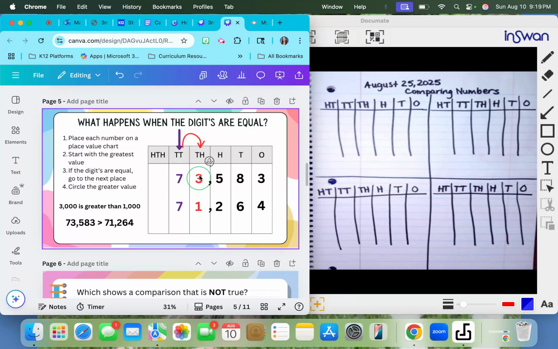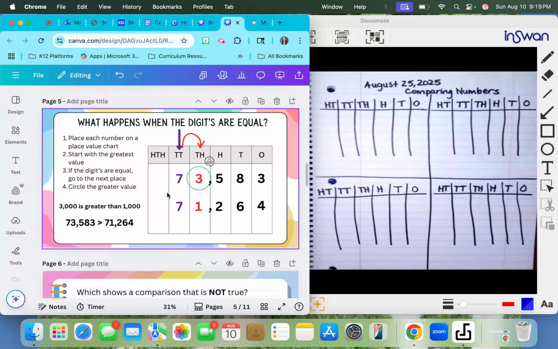Then I compare these values. We have a 3 in the thousands, which is 3,000, and a 1 in the thousands, which is 1,000. Which is greater, 3,000 or 1,000? Well, 3,000, very nice. 3,000 is greater than 1,000, so I circled that greater digit to let me know that this is the greatest number.